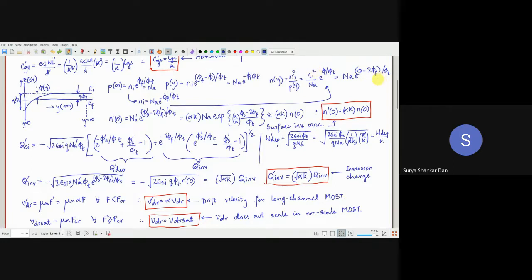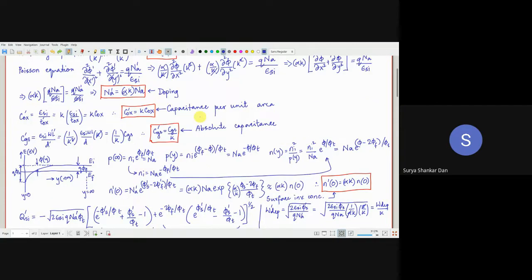Understood? Now, I'm interested to find out the free carrier concentration on the surface. Okay? So n dash 0, I can call it ns as well. But anyways, n dash 0 doesn't matter. Will be equal to, y equal to 0 means at the surface, right? Now here Na, because it is the scaled version, e to the power of phi s becomes the scaled version, phi s dash. Phi f becomes the scaled version, phi f dash. Okay. Now notice here that Na dash scales as alpha k into Na.